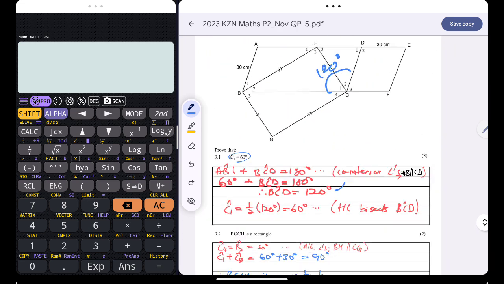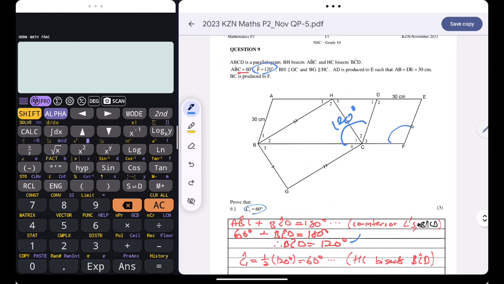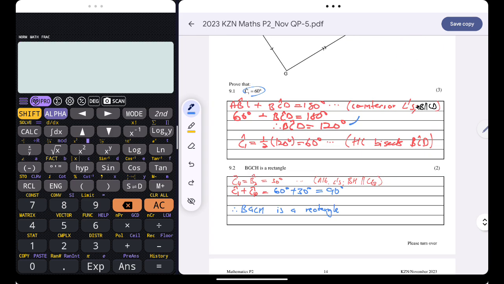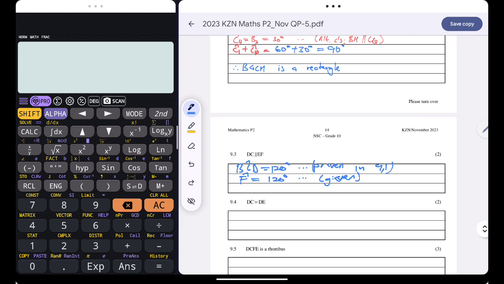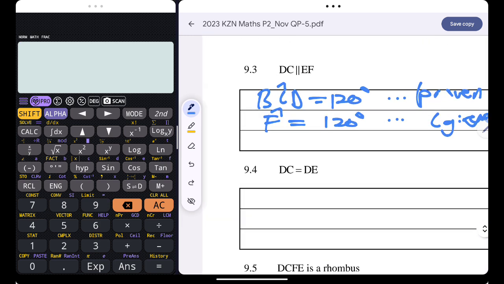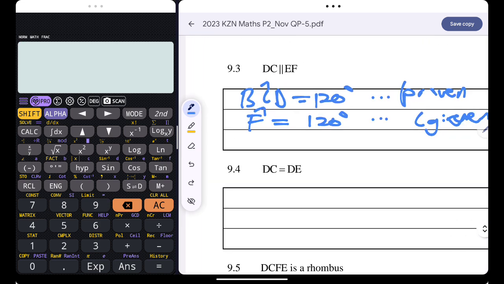So this simply means that if these two angles are equal, that means these two lines are parallel. Why? Because you have corresponding angles. So therefore, DC will be parallel to EF. Reason: because the corresponding angles are equal.